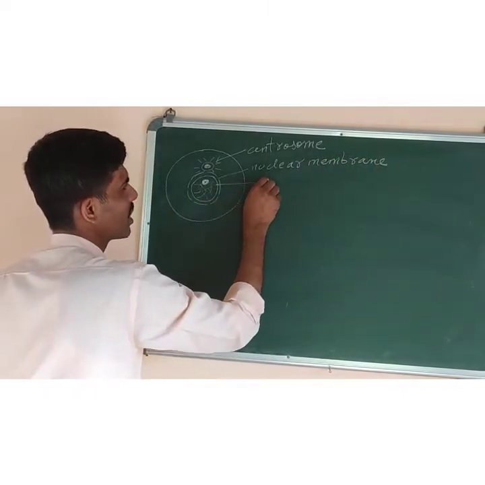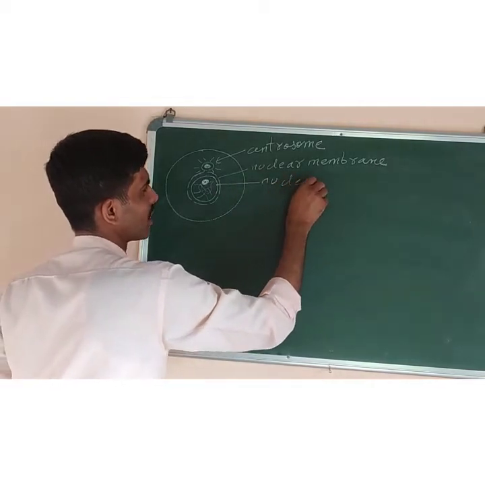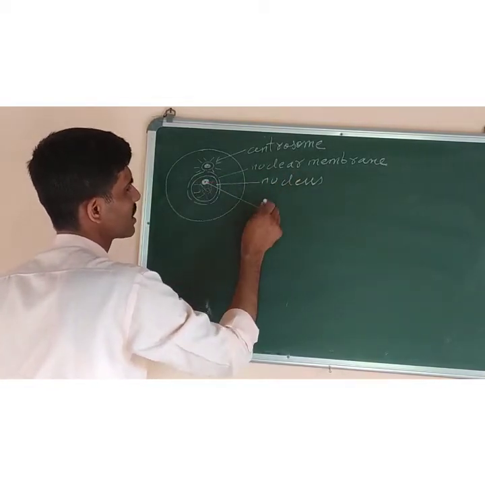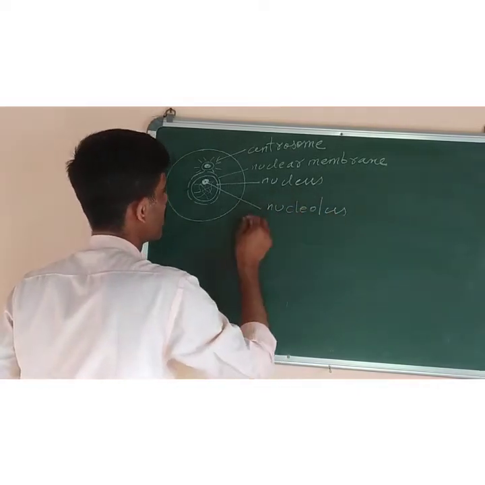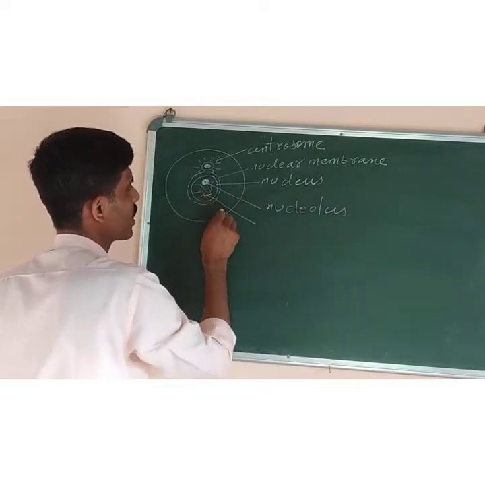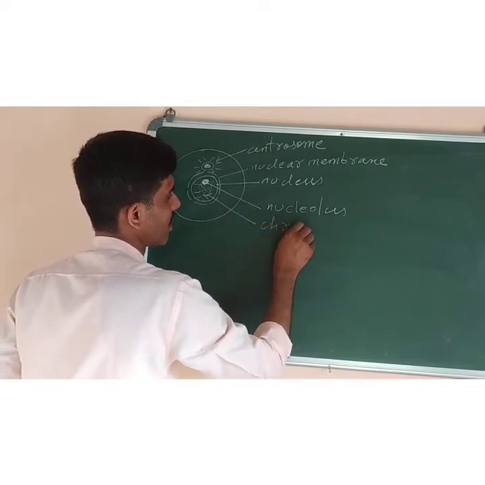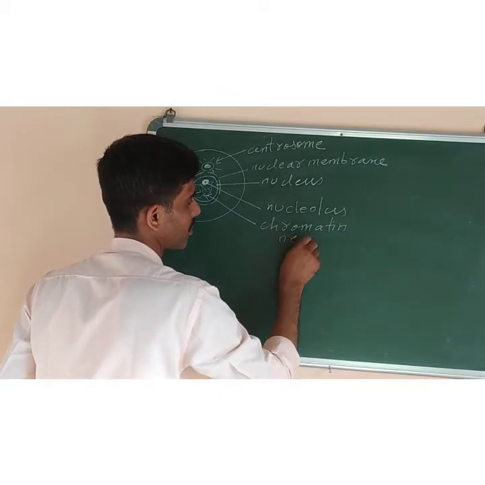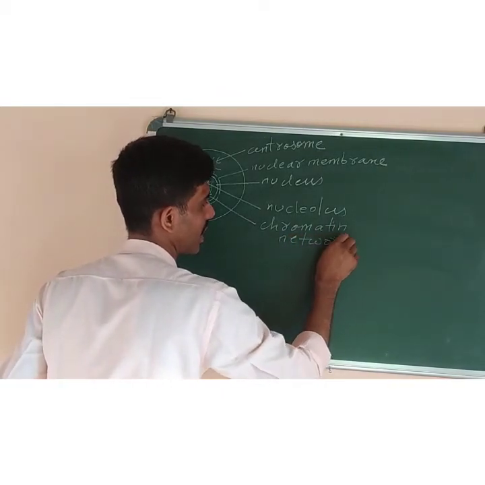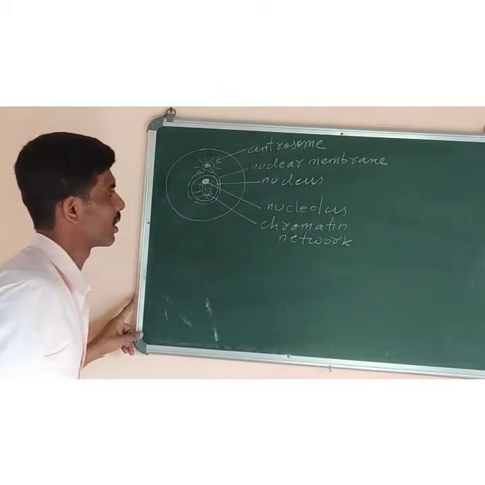This one is called the nucleus. This one is known as nucleolus, the spherical body which is present inside the nucleus. This is called chromatin network. I have drawn a general cell here, chromatin network, which condenses to form the chromosomes.